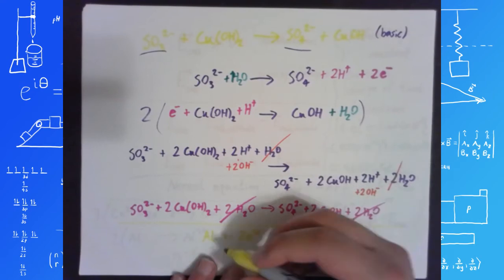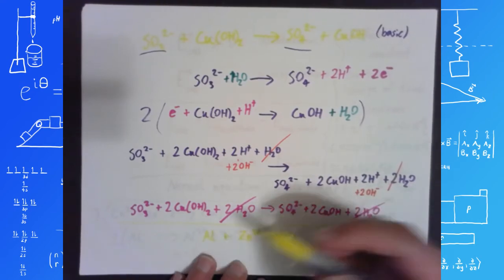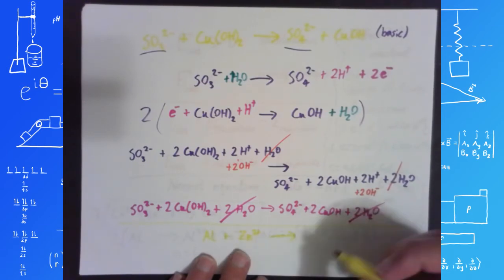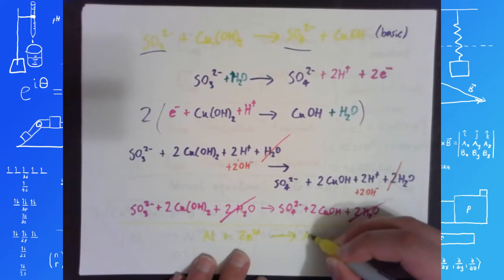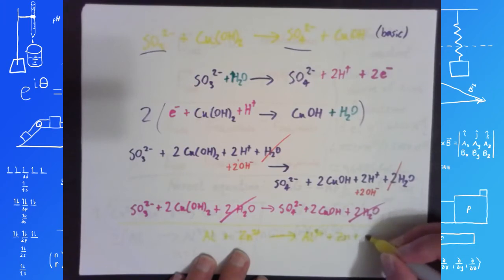You can't do something like aluminum reacting with zinc ion, where aluminum produces 3 electrons and zinc absorbs 2 of them, and you're left with aluminum 3 ion plus solid zinc plus a leftover electron.